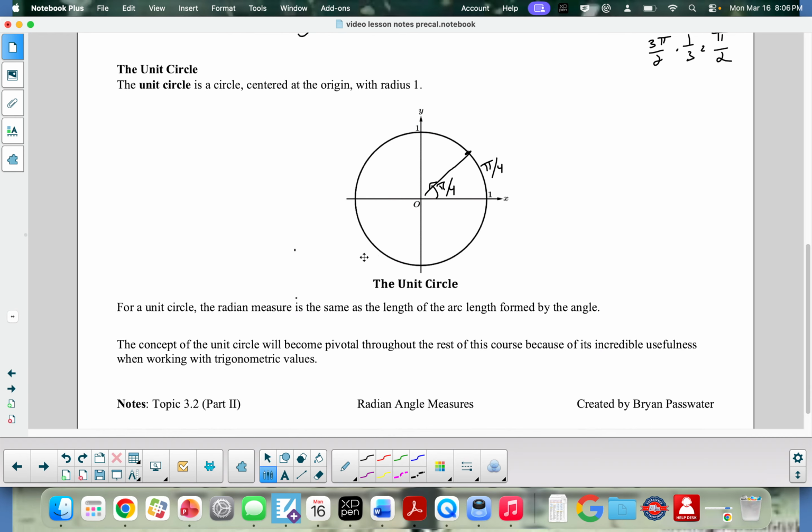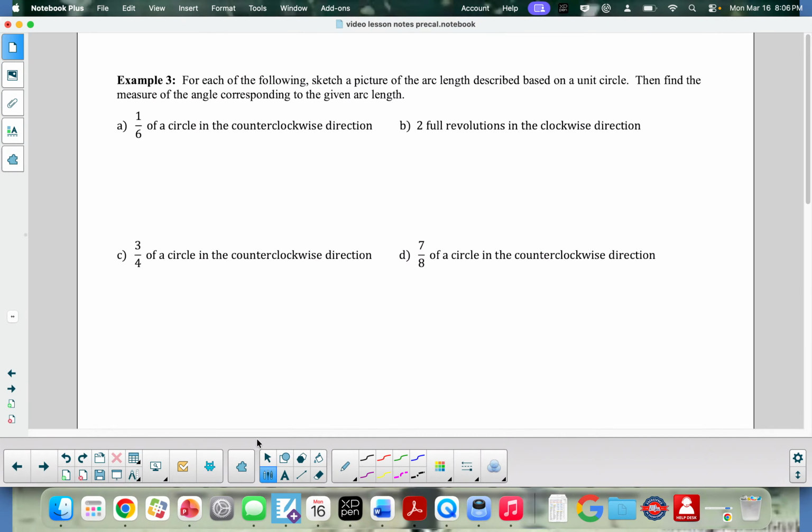I mean, you're welcome to draw it on your scratch paper when you get to the test, but it's not something that's going to be given to you. So pivotal is an understatement of how important the unit circle is when we start solving and graphing and everything else. Okay, so onwards and upwards.